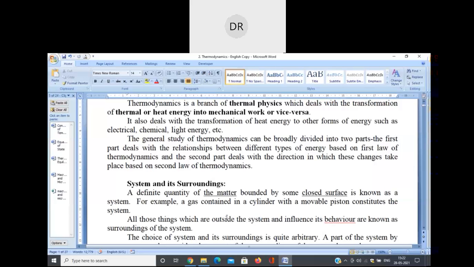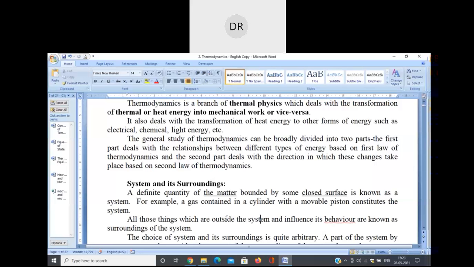For example, in this case, we clearly observe in summer, the food may be prepared easily within 20 or 25 minutes because in the surroundings we have a high temperature. Whereas in winter, it may take longer to cook rice, to prepare food. That is, the atmospheric situation is treated as surroundings.